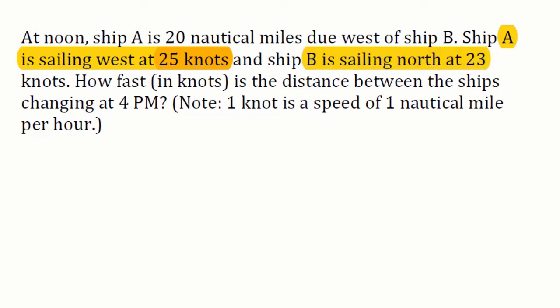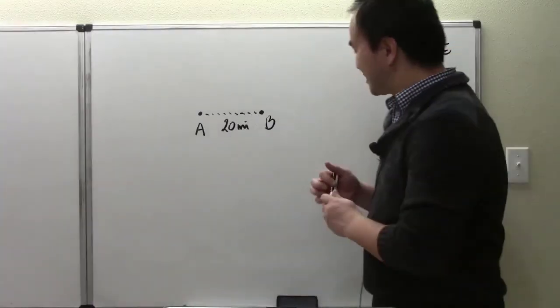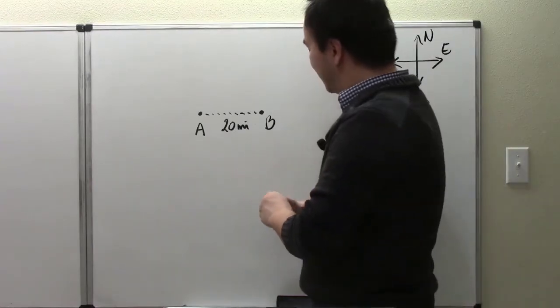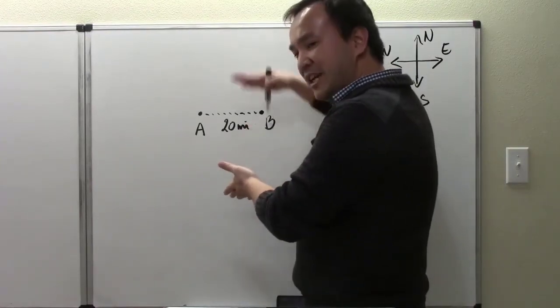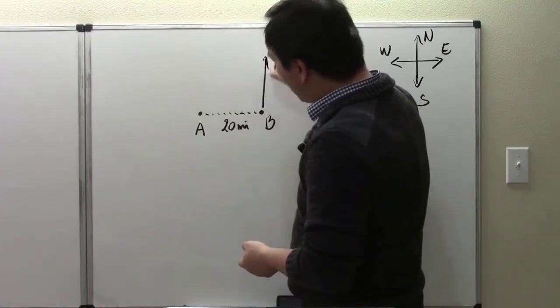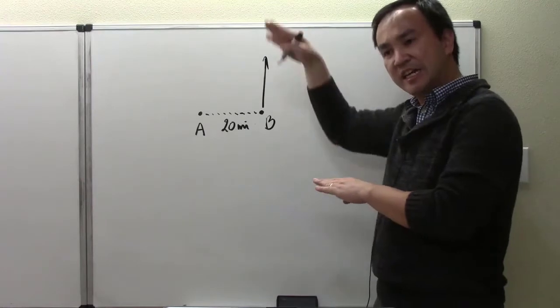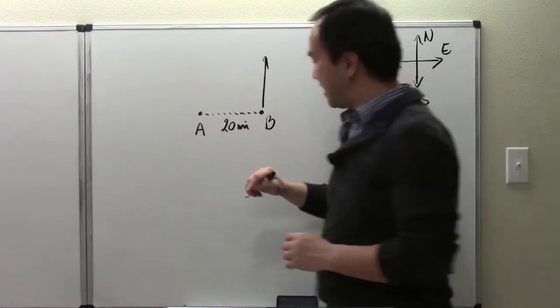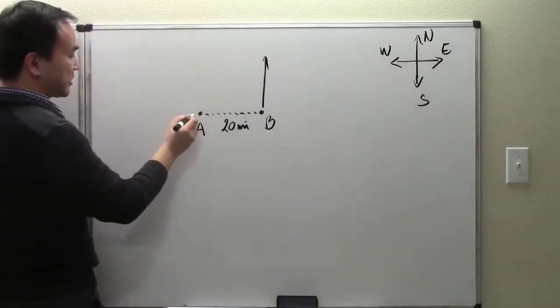On my picture, let me describe the situation like this. From that instant, and continuing from what was currently going on, ship B is heading this way. It's sailing north, and ship A is sailing west.